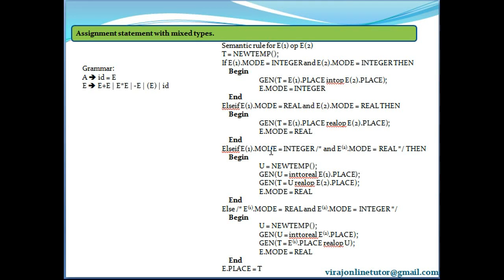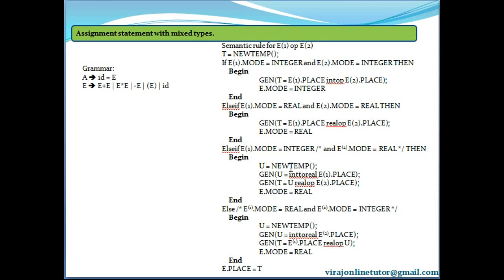So if E1.mode is integer and E2.mode is real, then I have to convert this integer to real. So create a new temporary variable u, and in that you convert E1 to real. So I am converting the value of E1 to real, saving it into u, and then I am performing the operation between u and E2.place. Now E2.place I am using directly because its mode is already real.